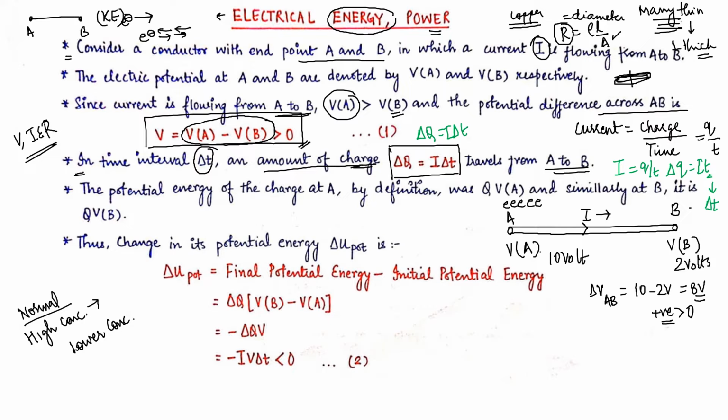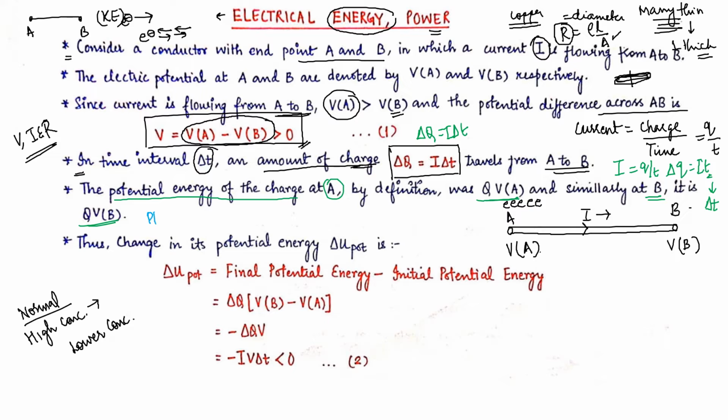Now, the potential energy of the charge at A by definition is q V of A, and similarly at B it is q V of B. See, what they are saying is that potential energy is given by charge into the potential at that particular point. We have read this concept in chapter number 1.